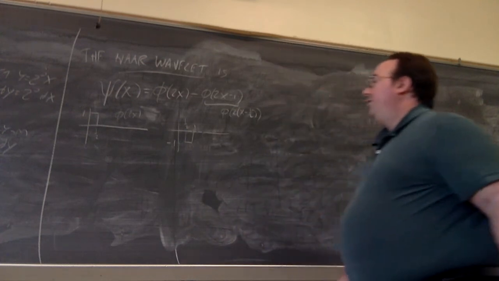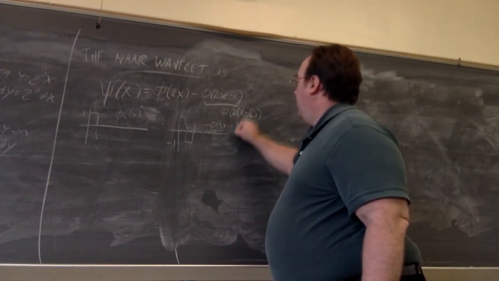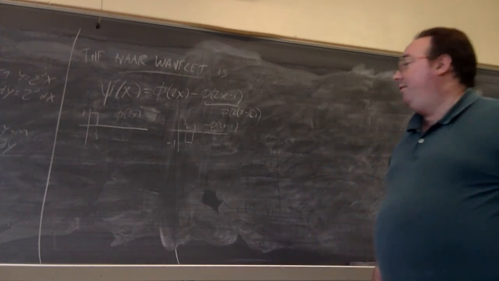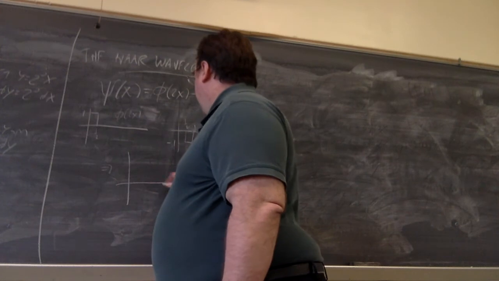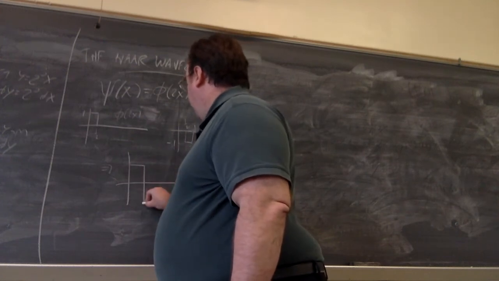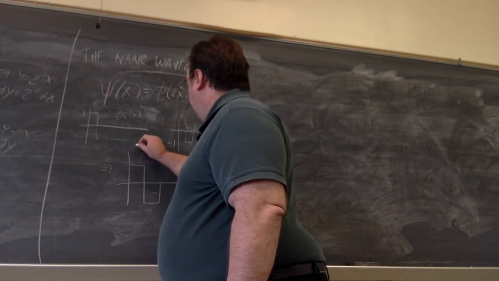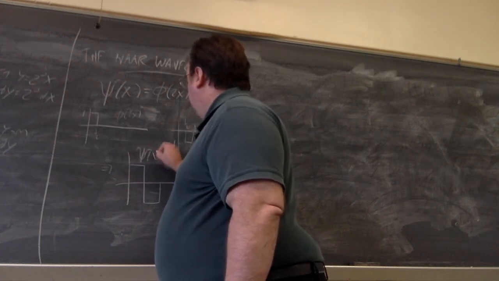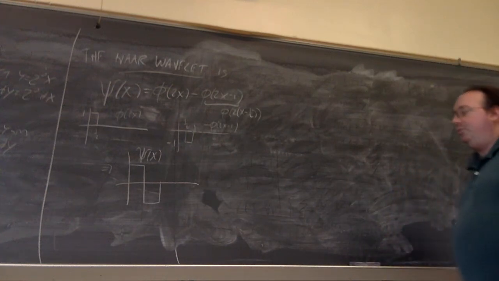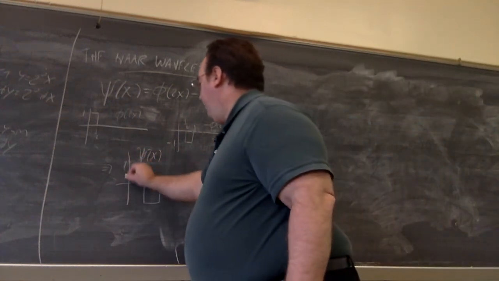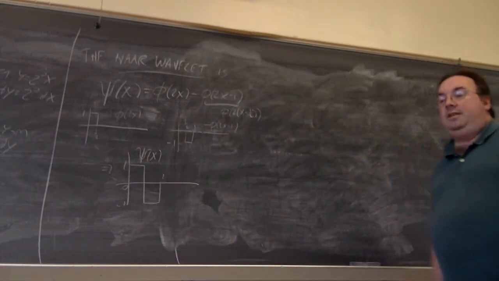Okay. So here we have minus phi of 2x minus 1. So now we put them together, and so this is psi of x. So it's positive on the first half of the interval, 0 to 1, and negative on the second half.